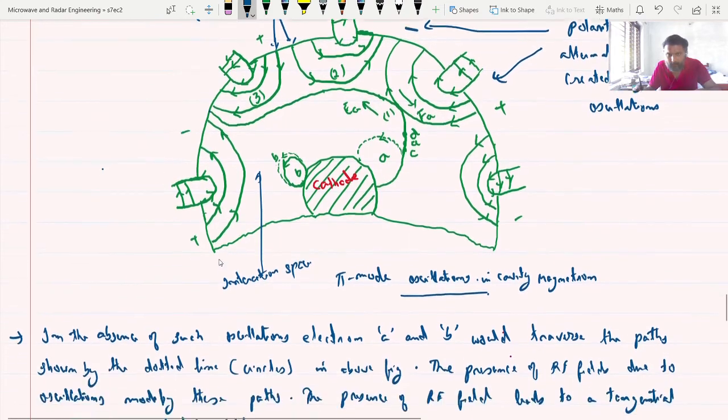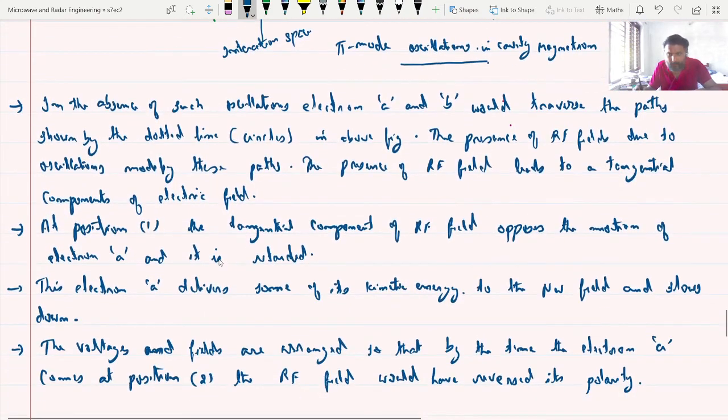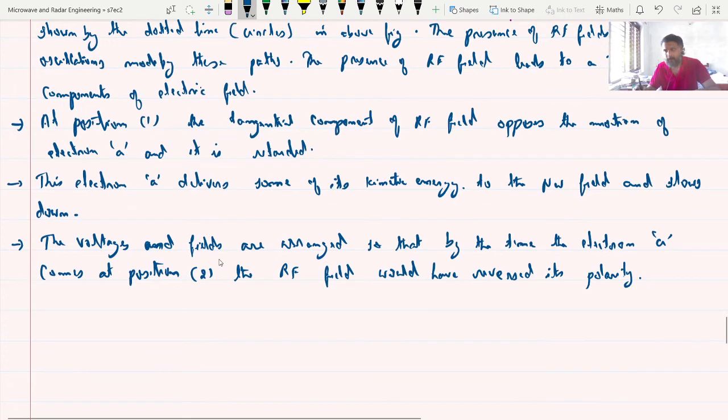Now it's the same thing. Electron A encounters a situation similar to position 1.